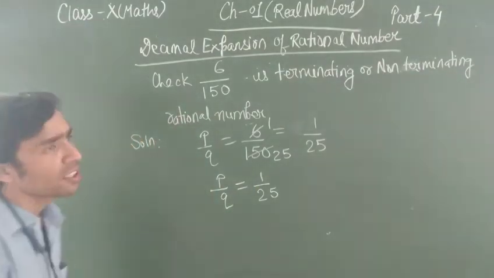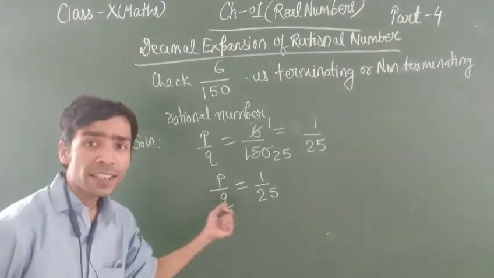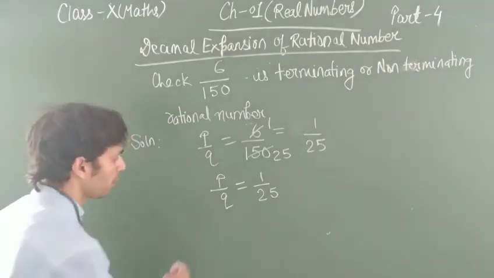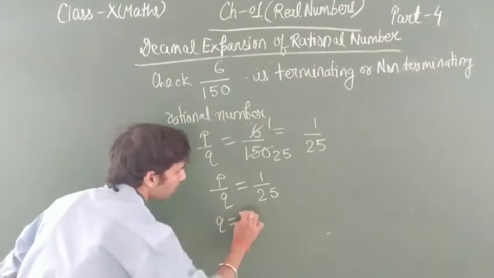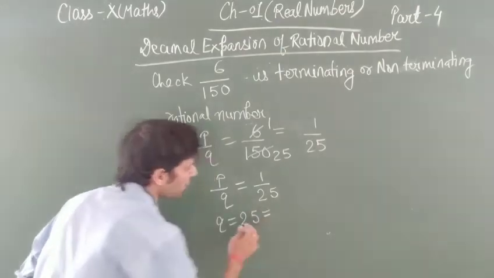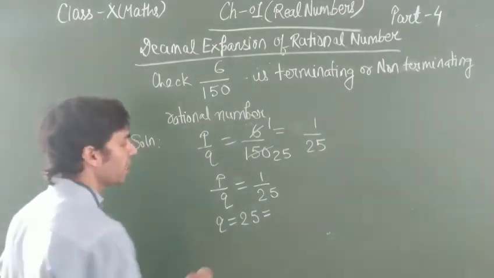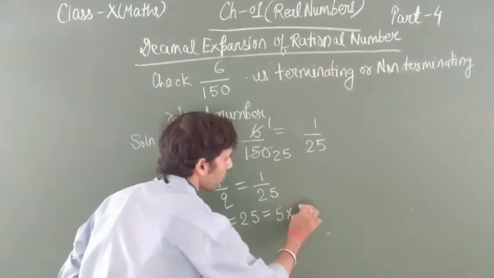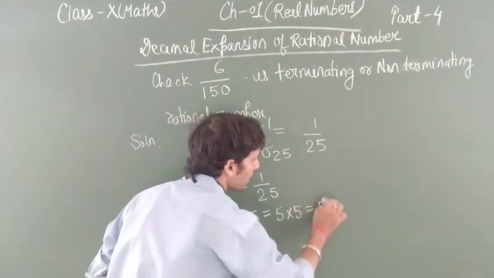So you can see, student, now what is q here? q is 25, meaning the denominator is 25. And when we do the prime factorization of 25, we can write it as 5 into 5, or 5 square.